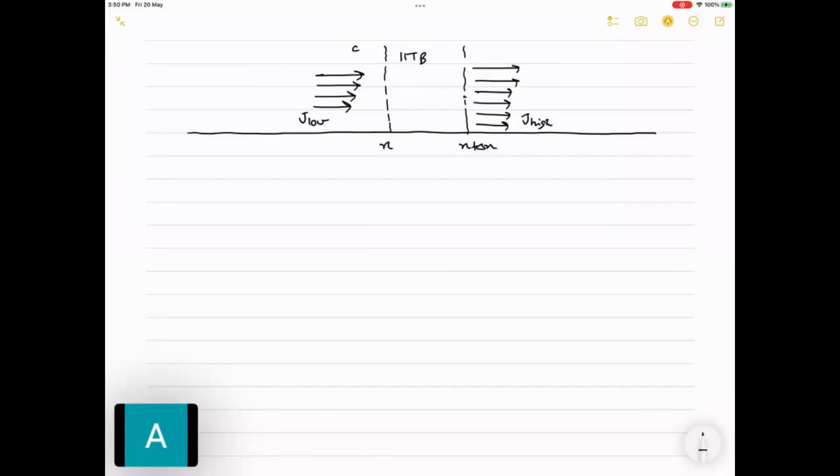Now X is having a lower value here, X plus delta X is having a higher value here. So in this case, you see that the value of delta J by delta X will be greater than 0, if fewer cars are coming to IIT Bombay campus per unit time and more cars are getting out of IIT Bombay campus per unit time.